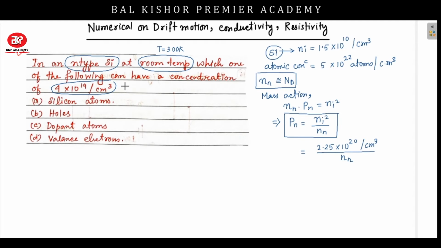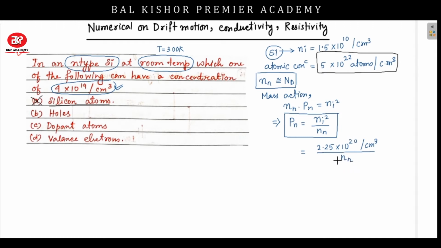Now let us see the options. We have to find which particles will have a concentration of 4 into 10 to the power 19. Silicon atoms: the concentration of silicon atoms in the silicon semiconductor is 5 into 10 to the power 22, so the first option cannot be it. And for holes and dopant atoms, the hole concentration is 10 to the power 20 divided by Nn.